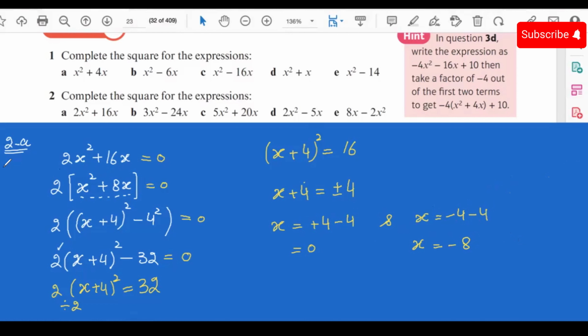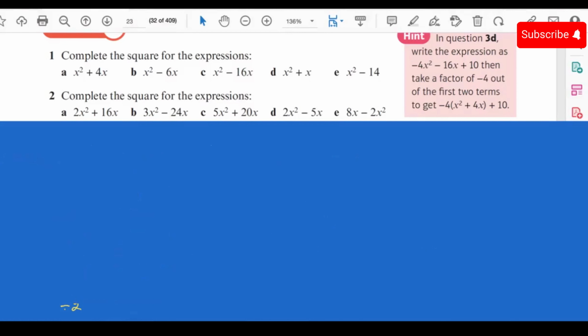So let's also try one more question. For example, we try the C. In case of 2C, we have 5x squared plus 20x.